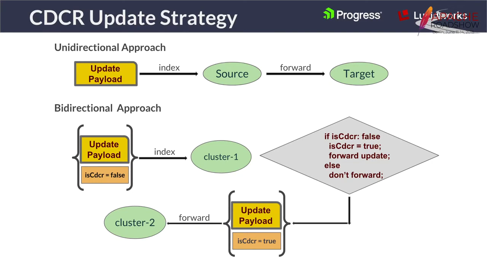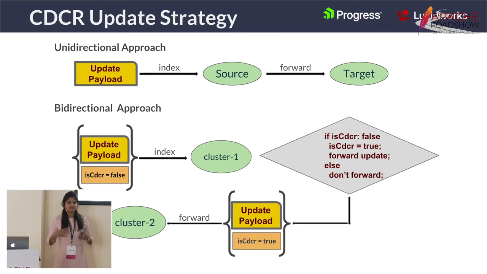If you look at the unidirectional approach, whenever an update comes to the source, it indexes the data into itself and just forwards the data to the target, and the target indexes into itself. In the case of the bidirectional approach, a new flag was added with the update, called CDCR.